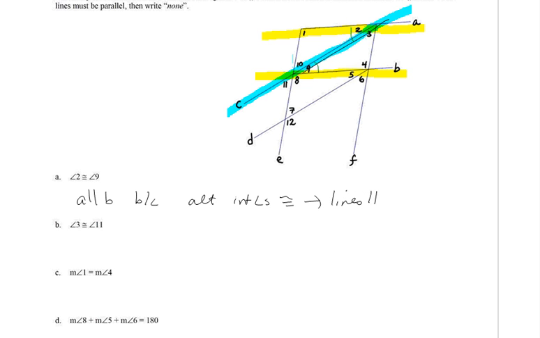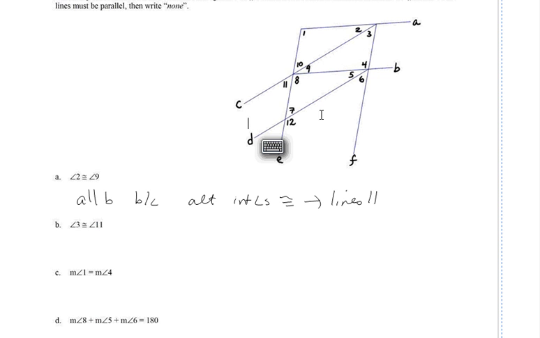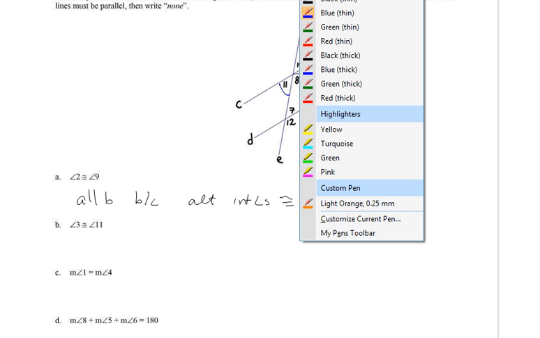I'll erase all our markings, so that we can start fresh on B here. In B, we are told that angle 3 is congruent to angle 11. Okay. So what line are they both touching?